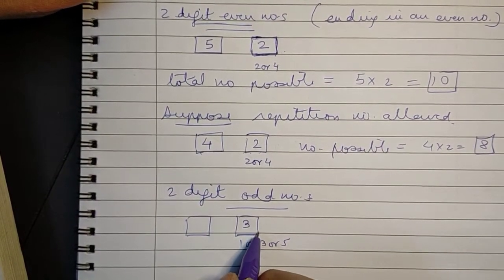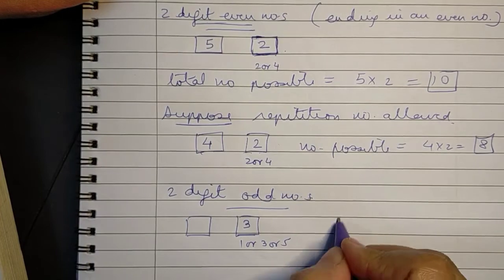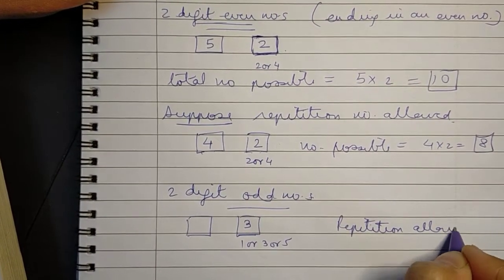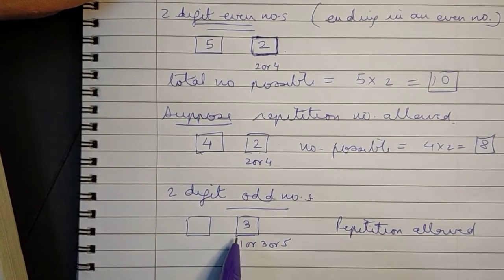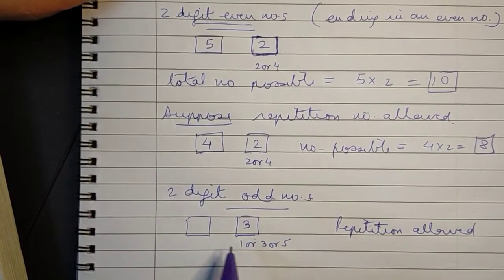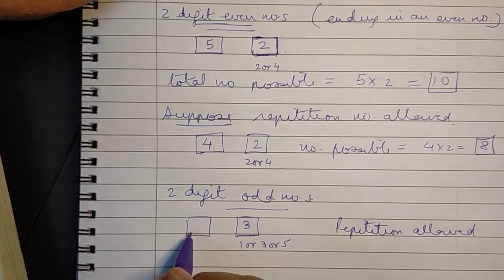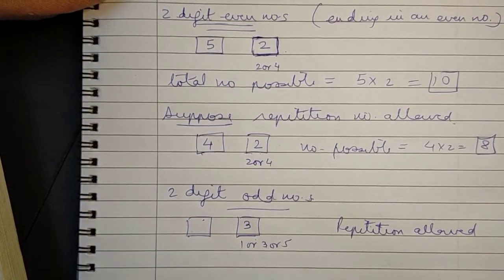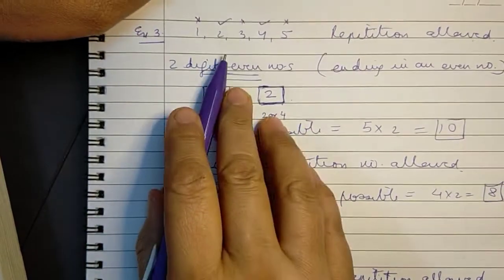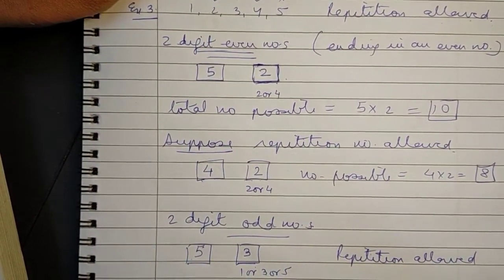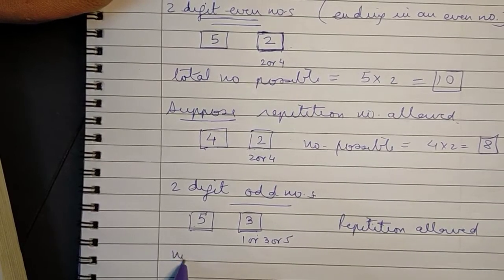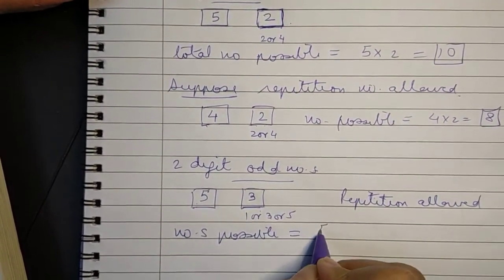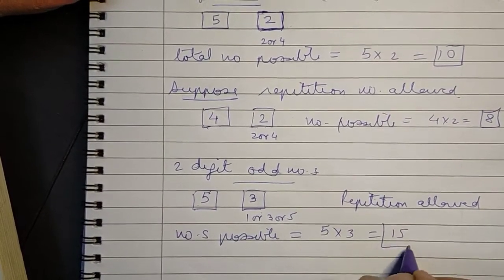Once that is done, if repetition is allowed, then no matter what you have filled up here, all 5 are possible here, since the other 2 even numbers are also possible. So numbers possible is equal to 5 into 3, which is 15.